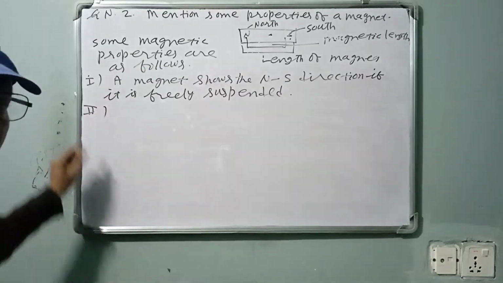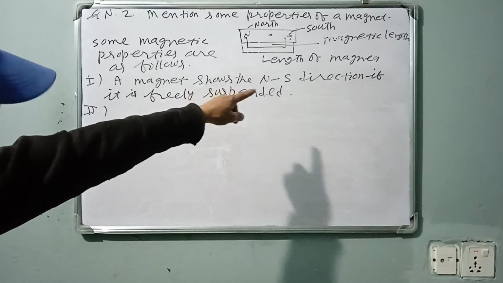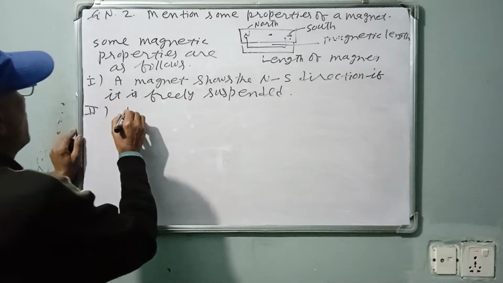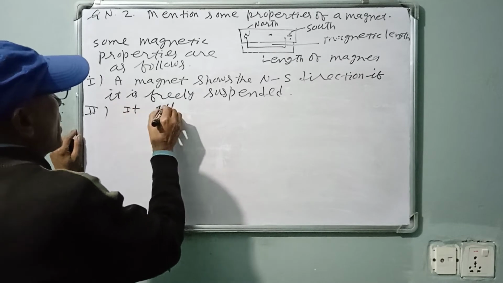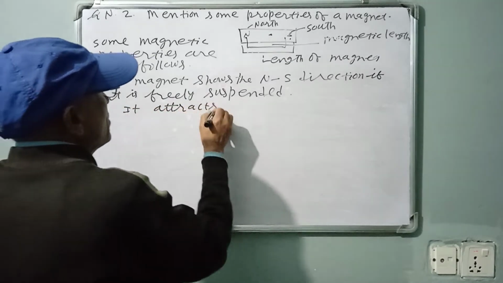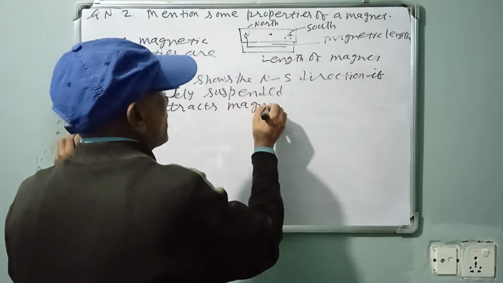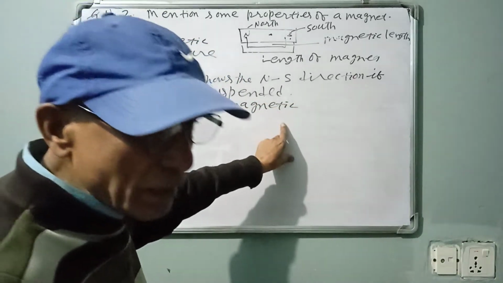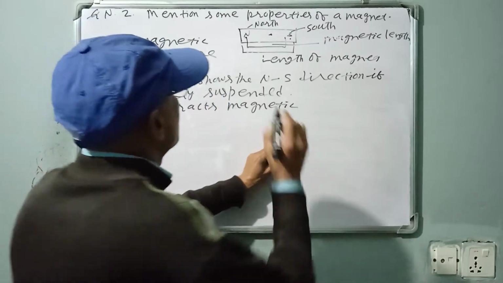Then another word, magnetic field also. A magnet shows the north-south direction. Directive property. Attractive property. It attracts magnetic bodies, magnetic materials, magnetic substances. Meaning same.